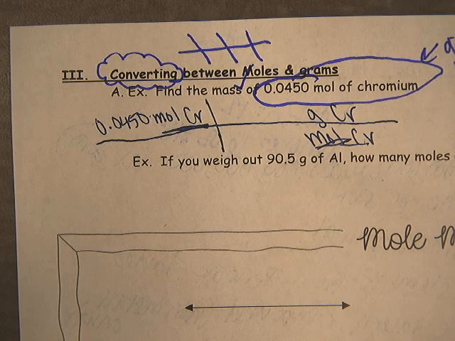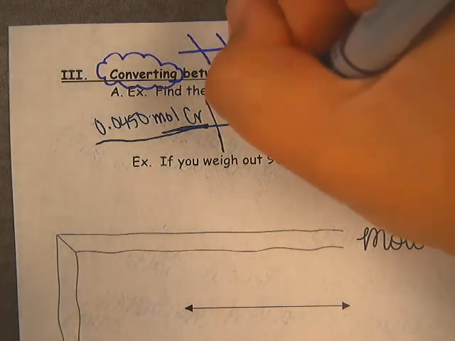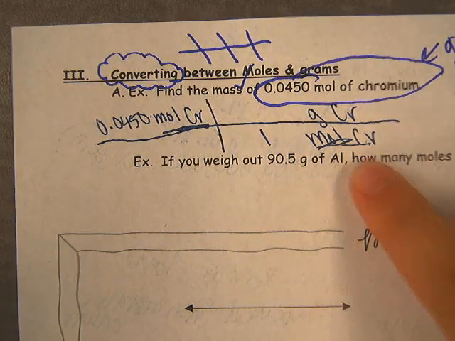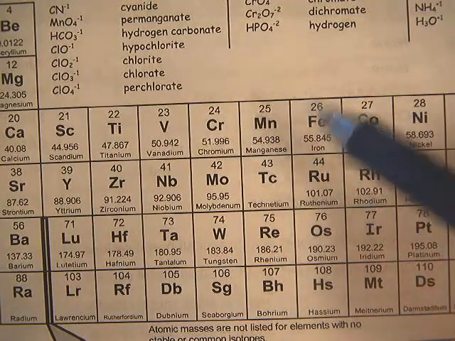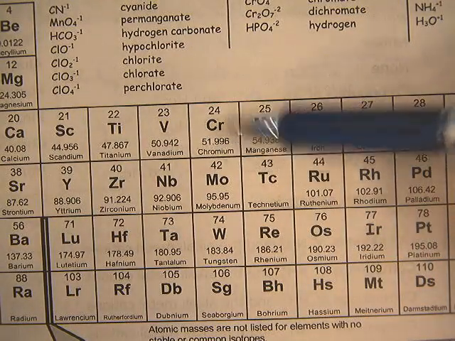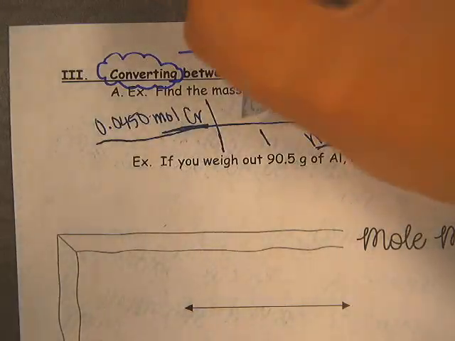So the definition of molar mass tells us that 1 mole of chromium is equivalent to the number of grams on our periodic table for chromium, so 51.996. So I'm going to put that in here.